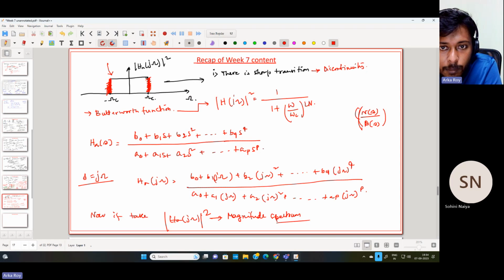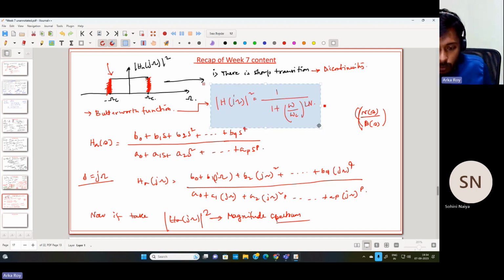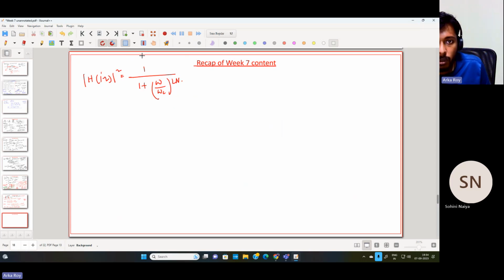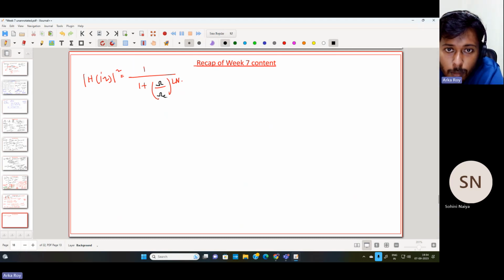And already we have shown that the approximation function for this Butterworth filter that we designed is of this kind. So I can just paste this thing over here. Sigma c.